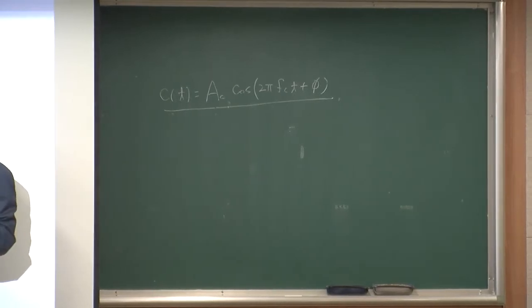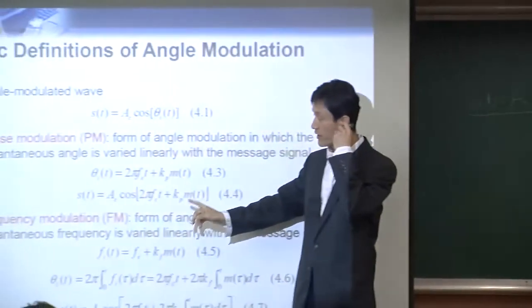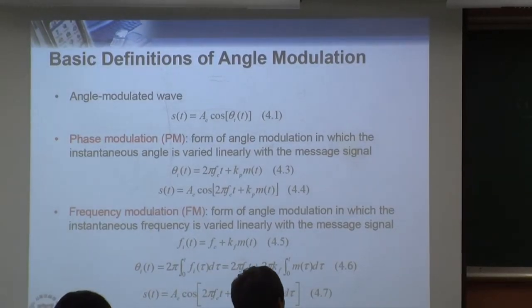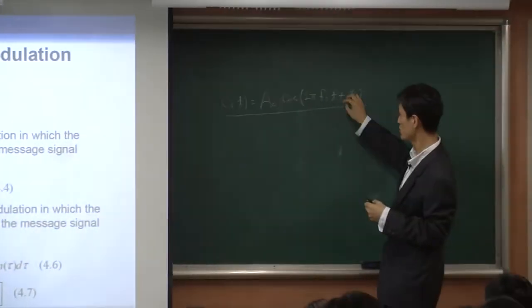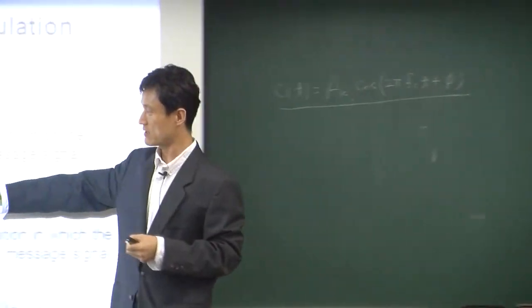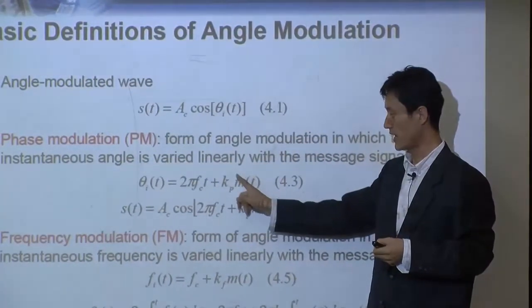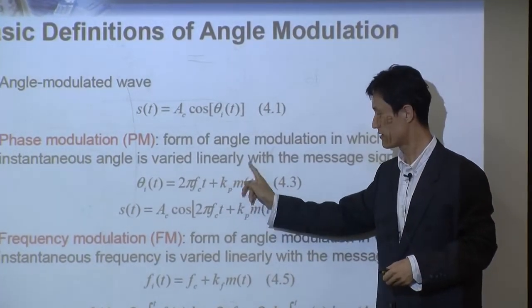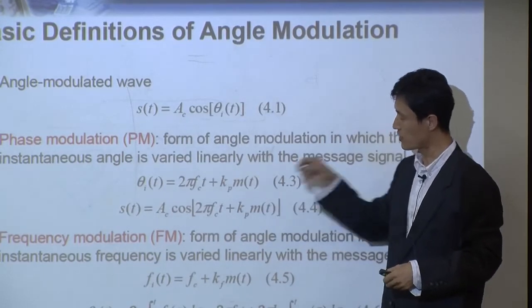Now in phase modulation, we're going to put the message into the angle, the message into the phase. This is the phase. And we're going to put the message into here because this is phase modulation. So that's this one, right? This is your message. And earlier in the equation, this was phi. In this phi, we're going to put the message.